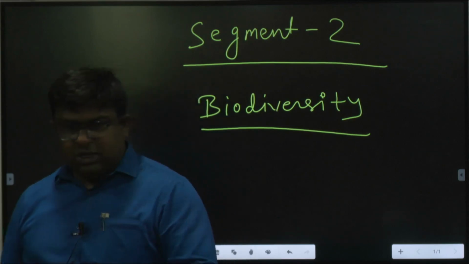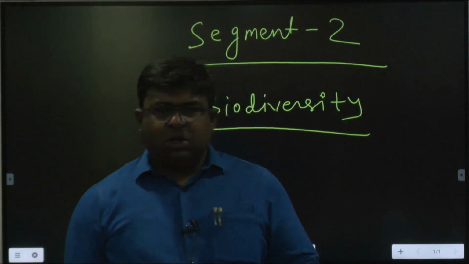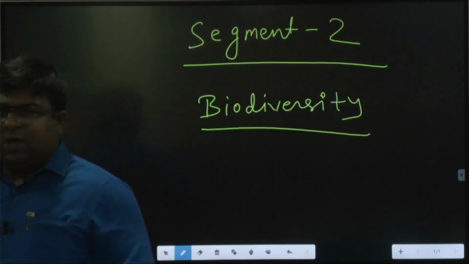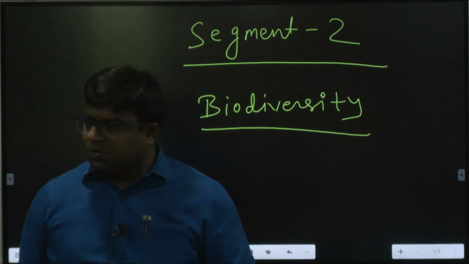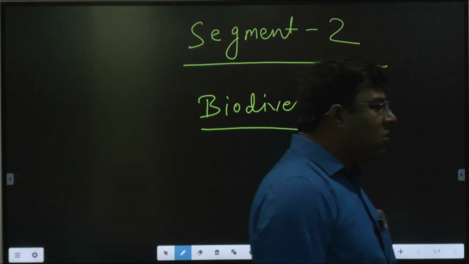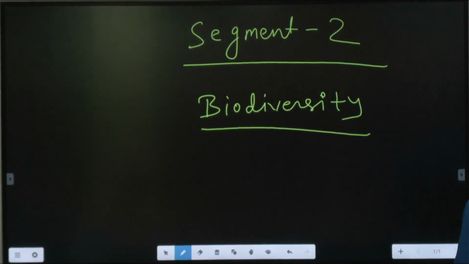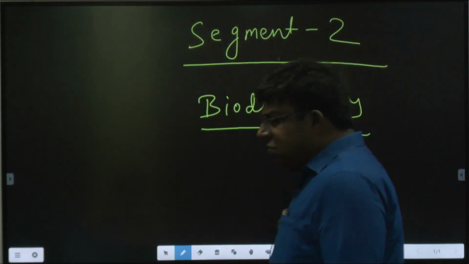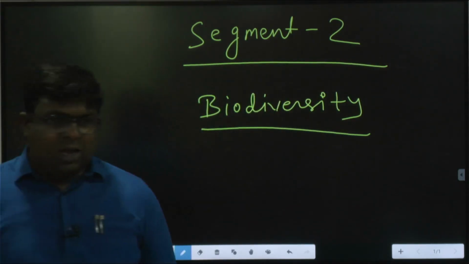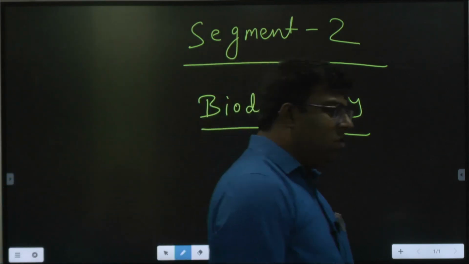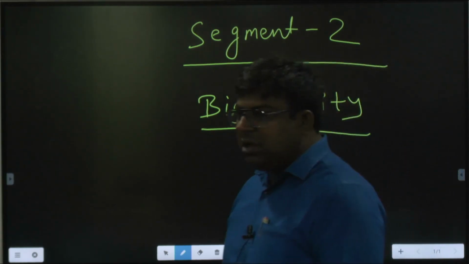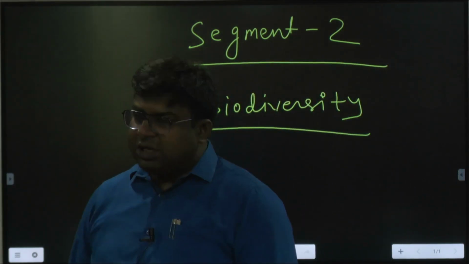For 3 consecutive lectures, we continuously talked about various theories and concepts related to ecology in our first segment. But in this segment of biodiversity, in 2 to 3 hours of discussion we will wrap up our theoretical portion, and the rest of the time will be dedicated to dynamic information like problems and initiatives, right?